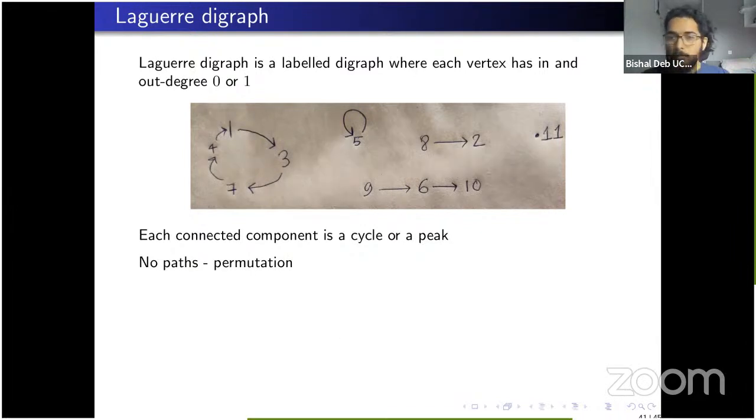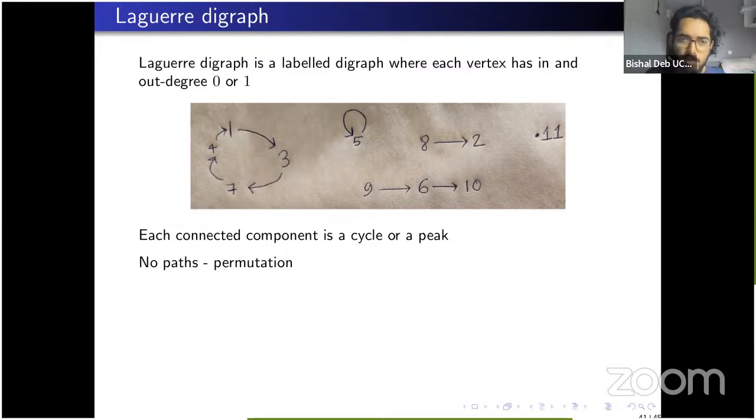And by the way, some people also call these things partial permutations. Some people also call these things Laguerre configurations. So I think an analogous concept was first used by Foata and Strehl. And they used it to describe coefficients of Laguerre polynomials. And they called it Laguerre configurations.